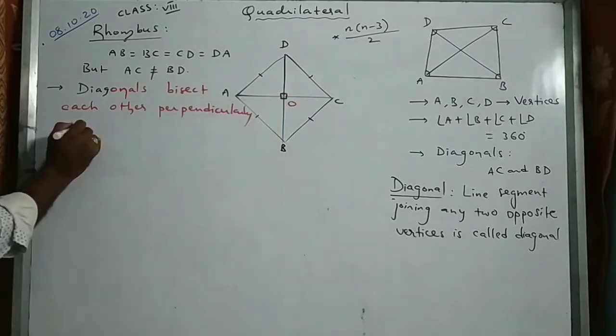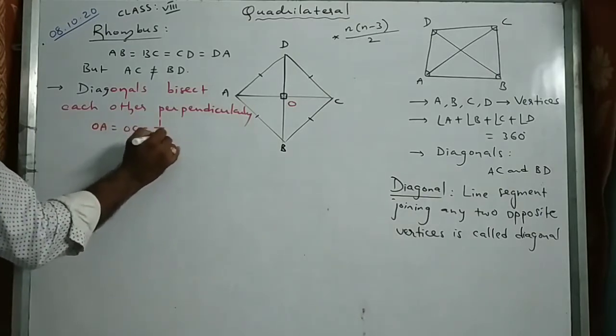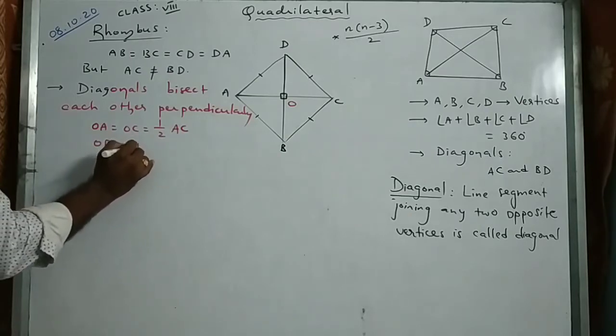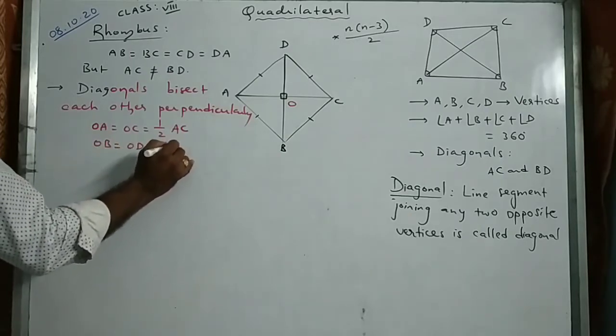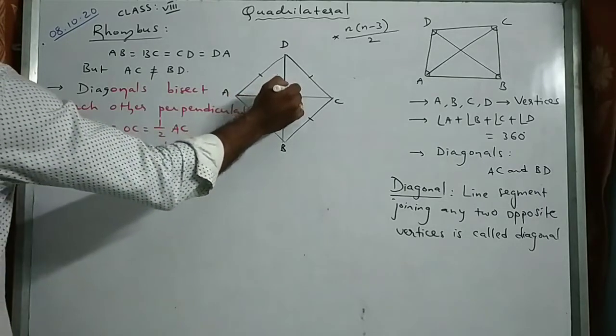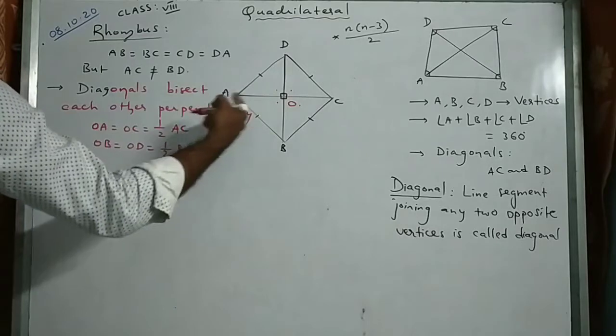That means OA equals OC equals half of AC. Similarly, OB equals OD equals half of BD. Diagonals bisect each other perpendicularly means everywhere here we have 90 degrees, and every one is a right triangle.